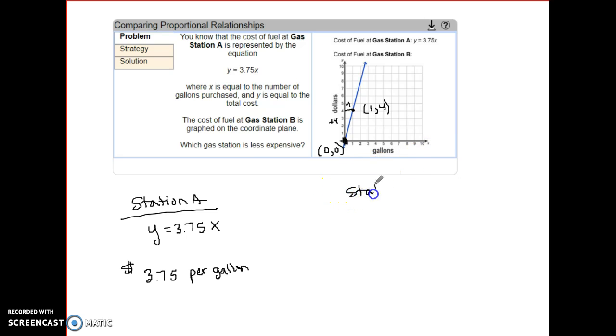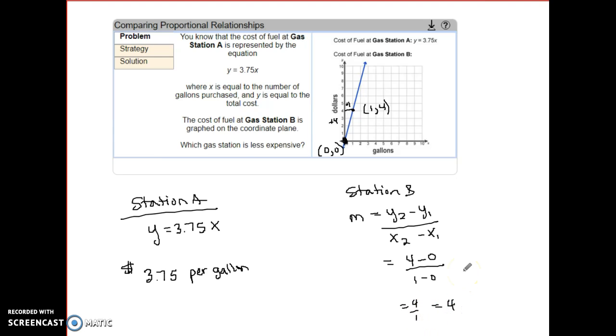If I used my slope equation, slope is equal to y2 minus y1 over x2 minus x1. You're subtracting your y coordinates, so 4 minus 0, and subtracting our x coordinates, 1 minus 0. That simplifies to 4 over 1, which is equal to 4.